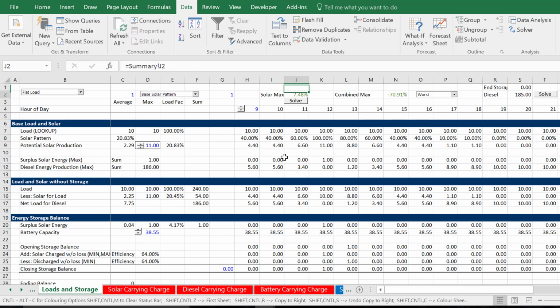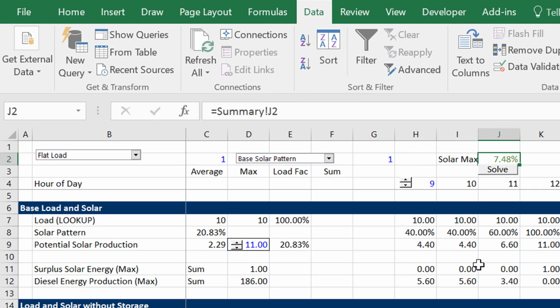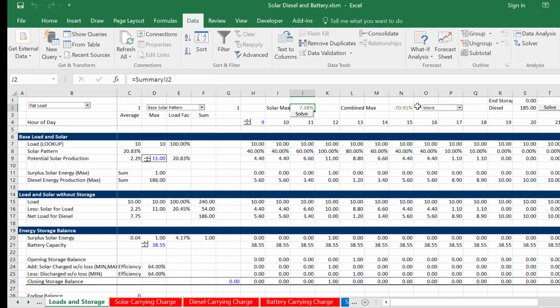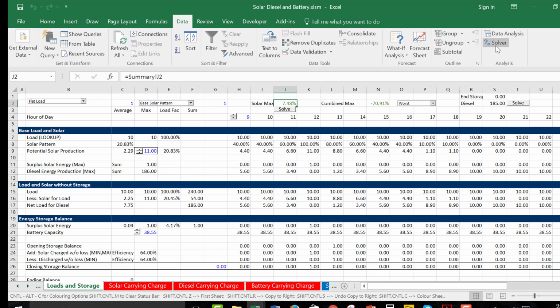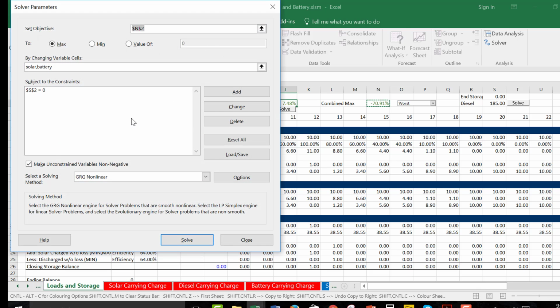This comes from the green sheet now, and we want to maximize this savings and change the solar production to get there. Now, what you can do is go to this solver.